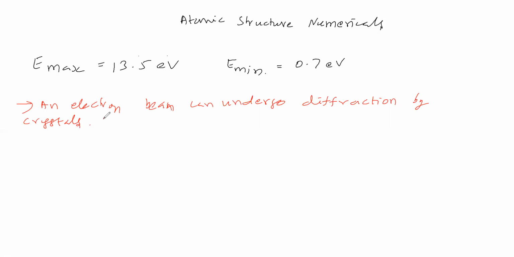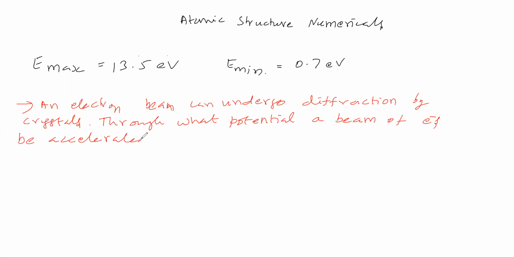Through what potential must a beam of electrons be accelerated so that its wavelength becomes equal to 1.54 angstrom?